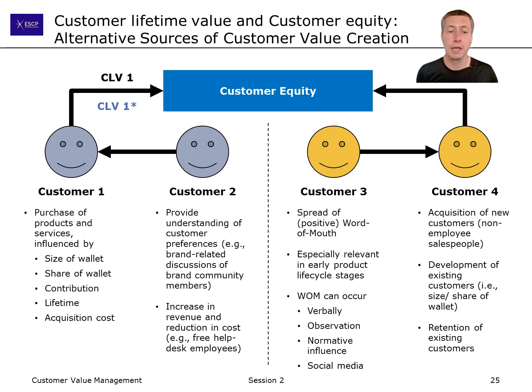In this example, customer 1 benefits from the information provided by customer 2, and the CLV changes to CLV1 star. You call the value that customer 2 generates the customer knowledge value. The customer knowledge value is just the difference between the initial CLV1 and the higher CLV1 star.